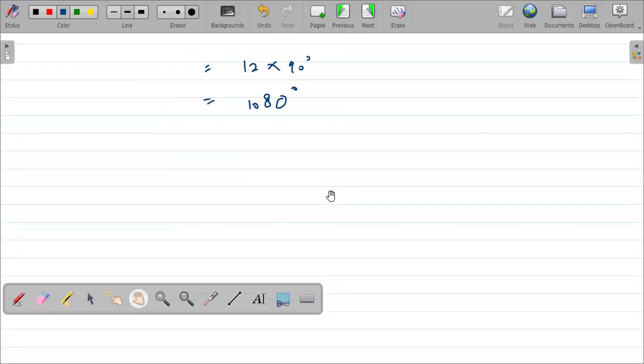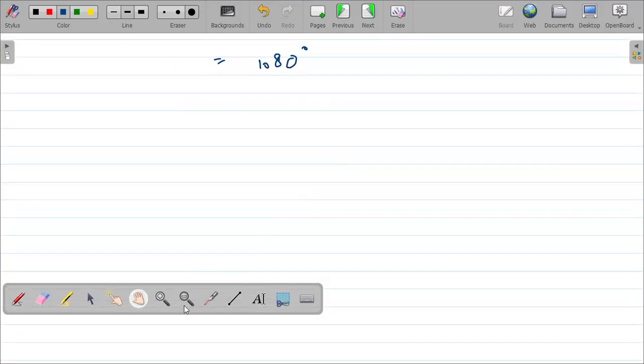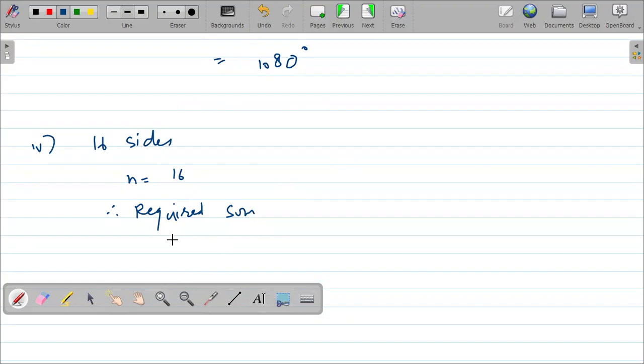Let's move further. If the number of sides is 16, we will write n equal to 16. Therefore the required sum would be 2 into 16 minus 4 into 90 degrees.